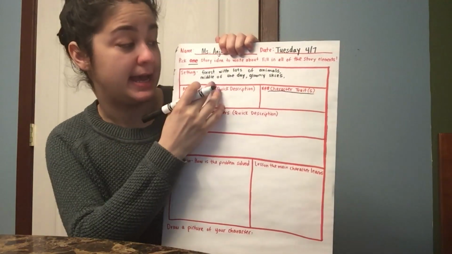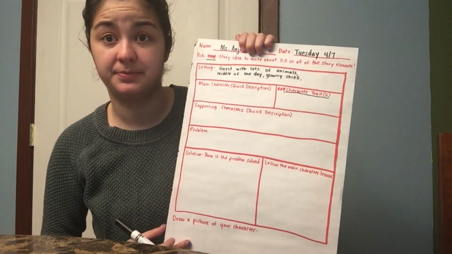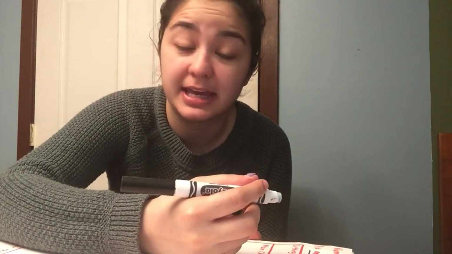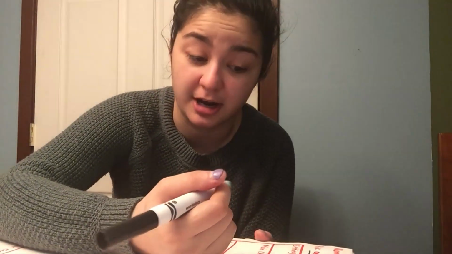Remember, you can go back at any point to add more details to your plan too today. So next I go to my main character and it says quick description. So you're going to give a summary that gives your reader an idea of what your main character is like. So my main character is a talking rabbit. Okay, we know that can't happen in real life.